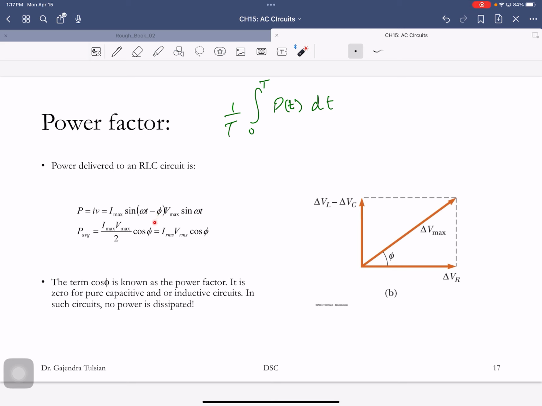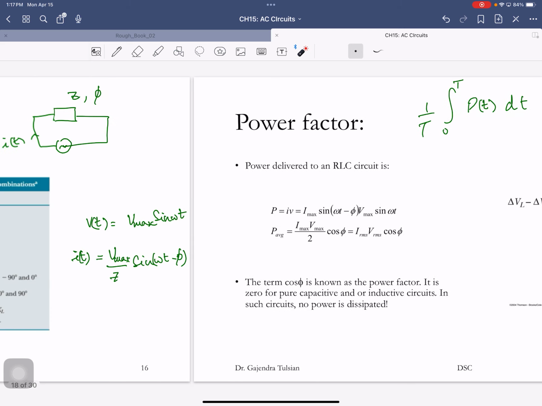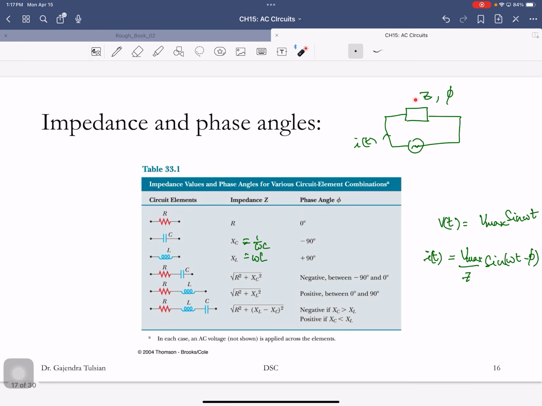There, that factor. That guy is the important guy. What happens if phi is pi by 2? That's 0. If phi is pi by 2, there's no power being delivered there. Your pizza will never cook.